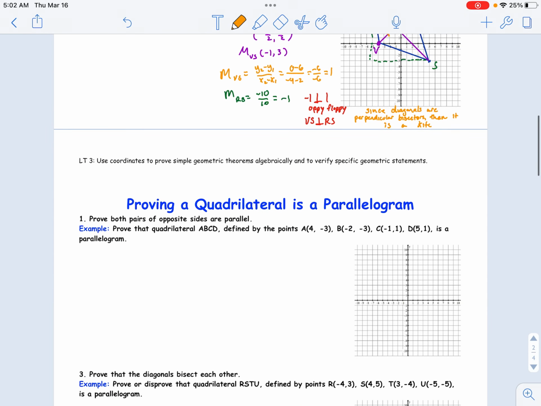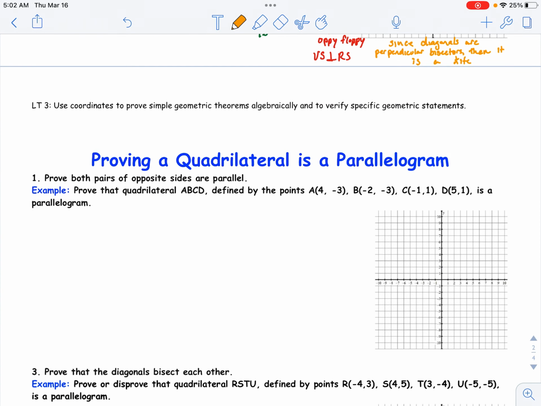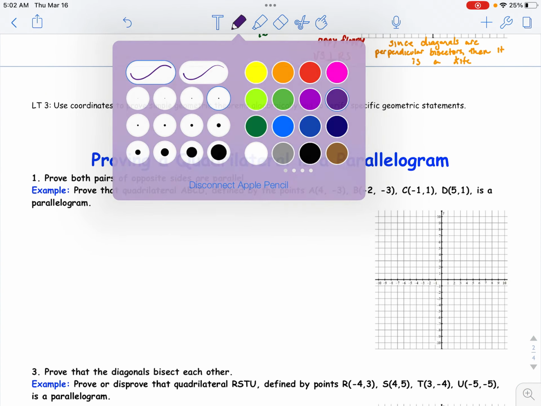We'll do one more. Alright. So parallelogram. Alright.